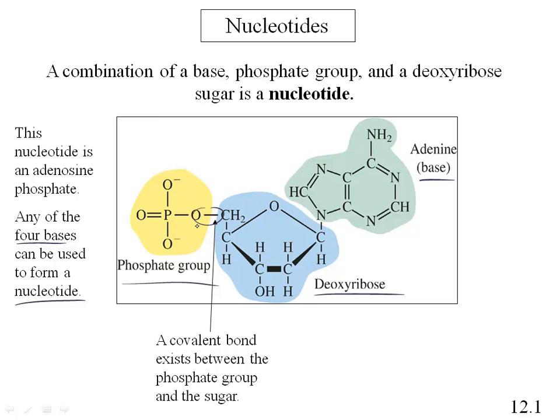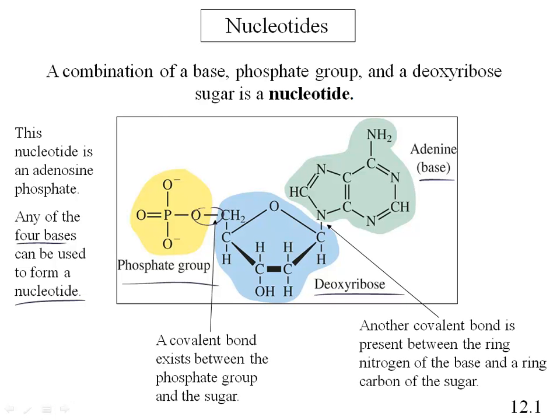Covalent bond, we talked about that, the sharing of electrons between the phosphate group and the carbon of the sugar. We look at it as a whole. And then another covalent bond here between the carbon of the sugar and the nitrogen of the base.